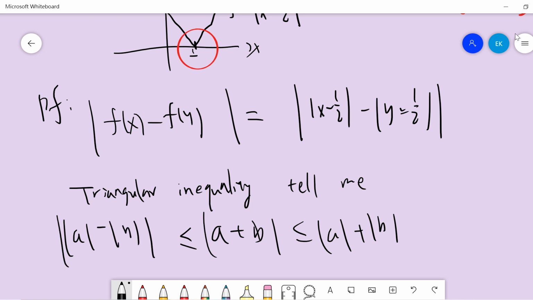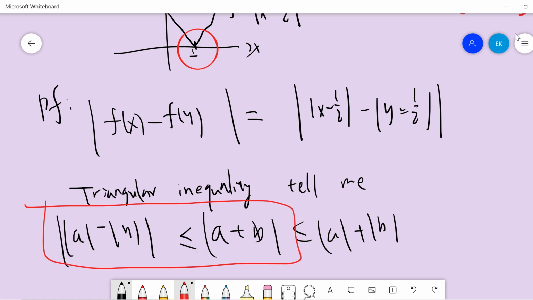So this is the triangle inequality. So all we need to use is this one, right? So this is smaller than |x - y|, because this one minus this one is x minus y.